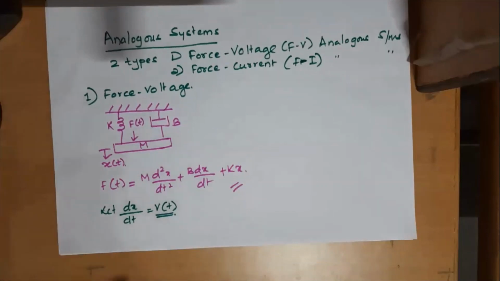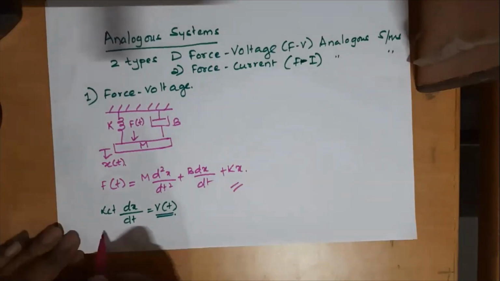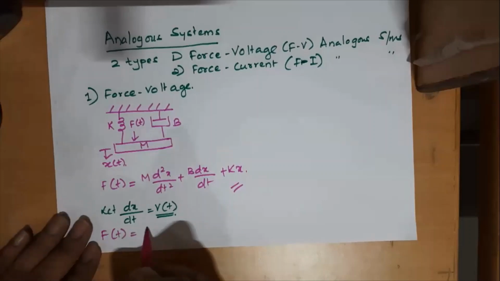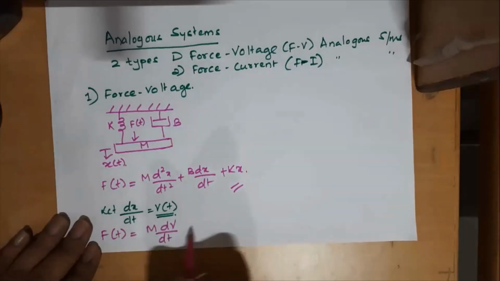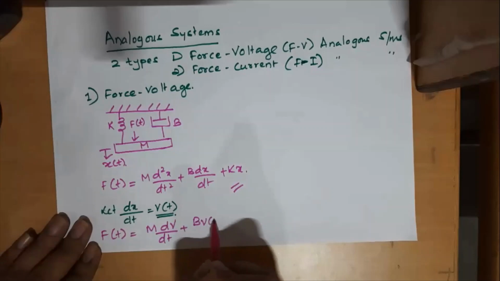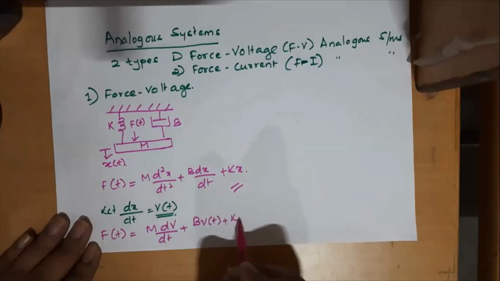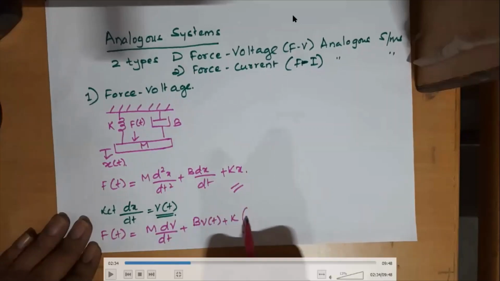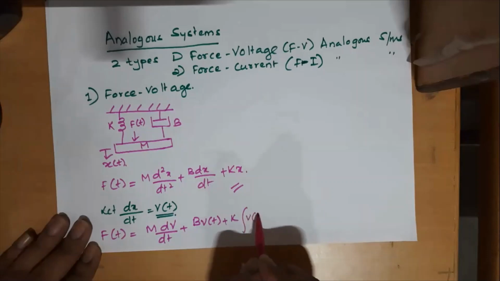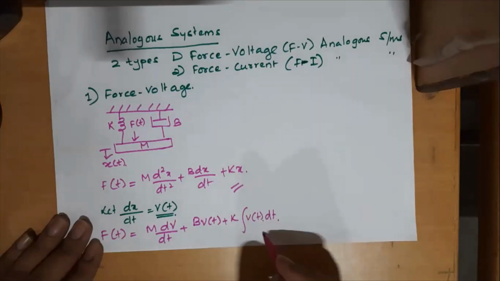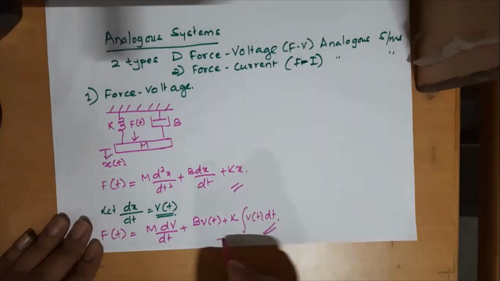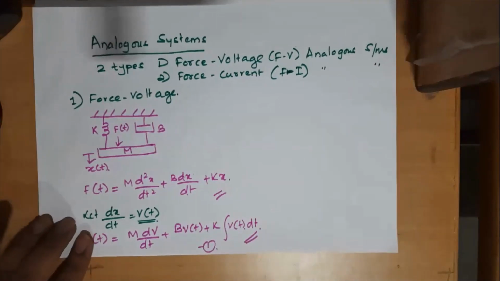Substitute that back in the first equation, we get m dv by dt plus b into v of t plus k. Now this k has x. How do you get x from v? v of t is dx by dt. If you want x of t, you just integrate it. So that is k integration of v dt. This is simple mathematics. I'm just replacing the elements. No concepts hidden here. Let us call this expression 1.